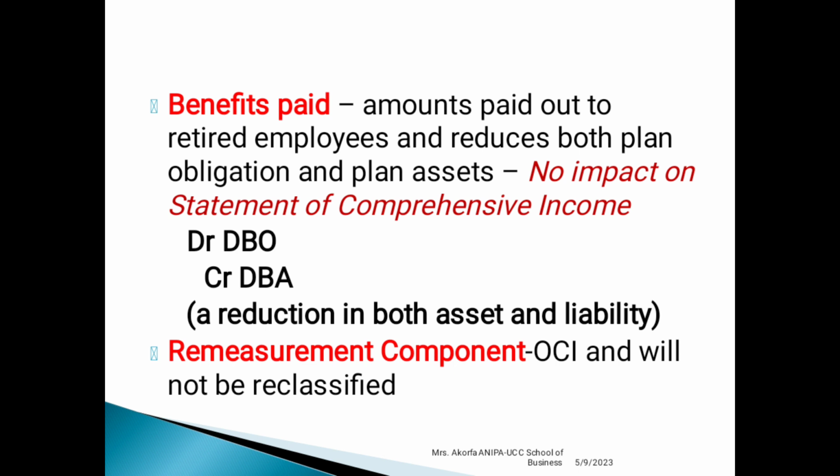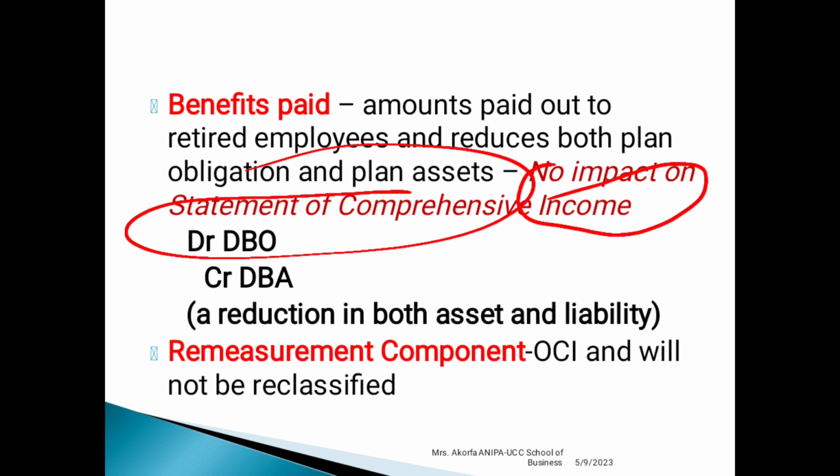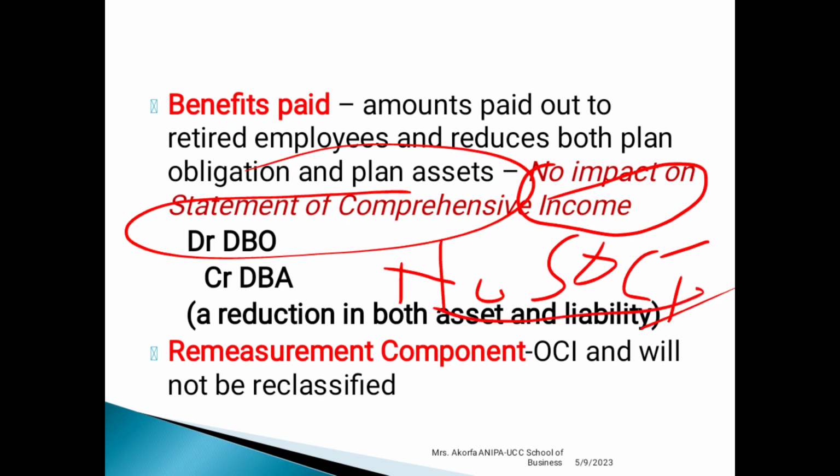Benefit paid. It is the amount paid out to retired employees and reduces both plan obligation and plan assets. No impact on statement of comprehensive income. So it doesn't affect statement of comprehensive income.